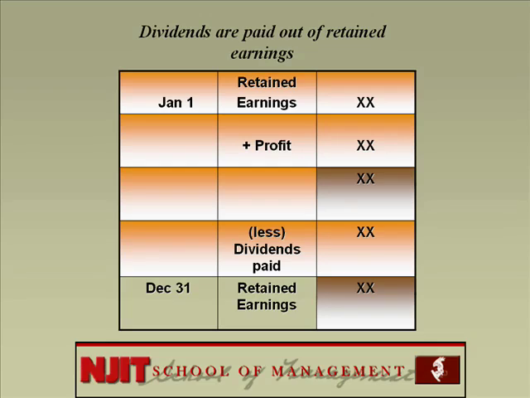The retained earnings at the start of the year increases by the profit made by the company during the year. Then it decreases by the dividends paid. So beginning retained earnings plus profit less dividend give you the ending retained earnings.